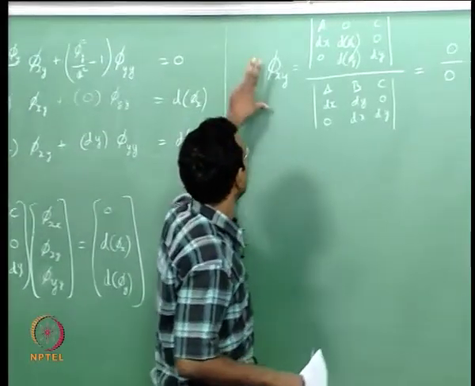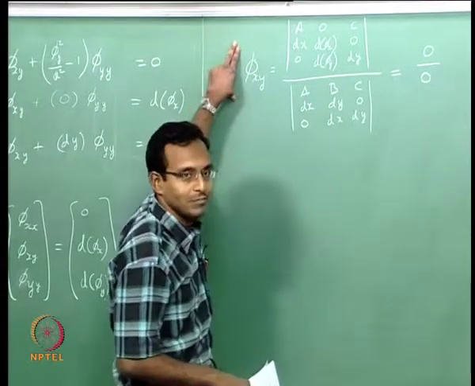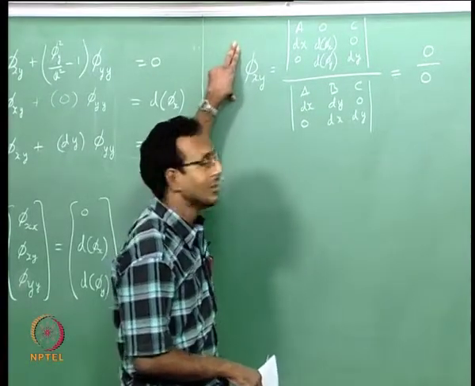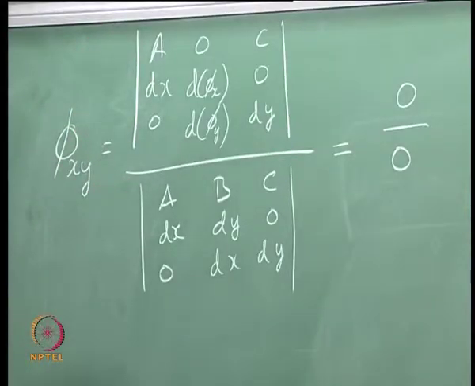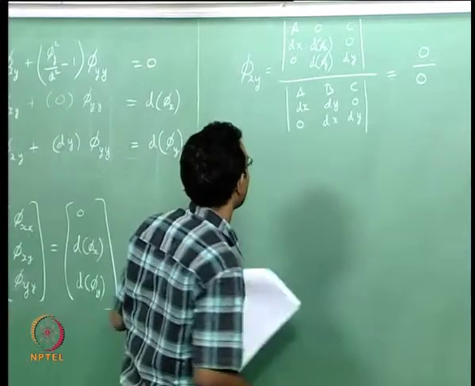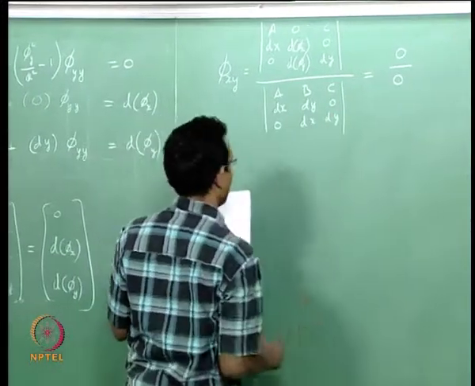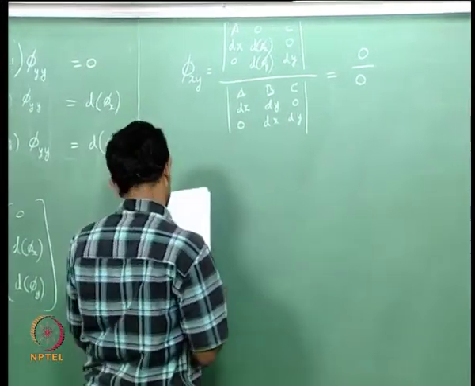Now because we wanted phi xy solution to be indeterminate, which means I want to show that numerator is 0, denominator is 0. Now I am going to get two separate equations for this. We will take the denominator first, we will go to numerator after some time.